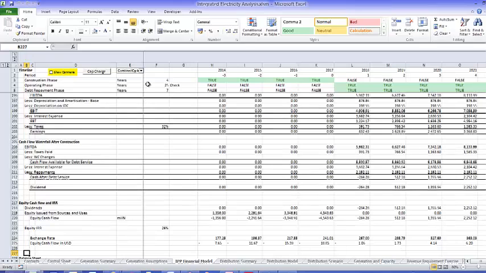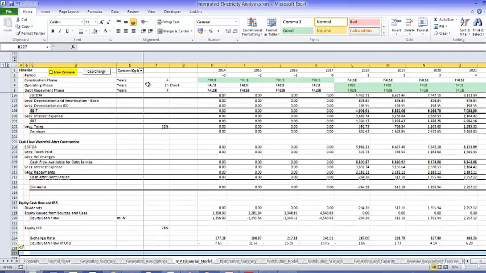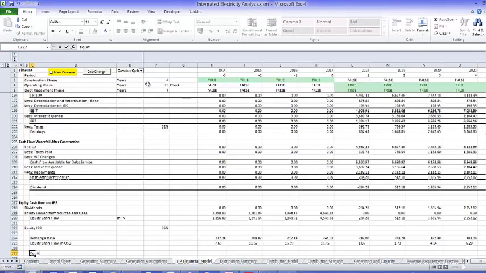And then we can get our equity IRR in USD.